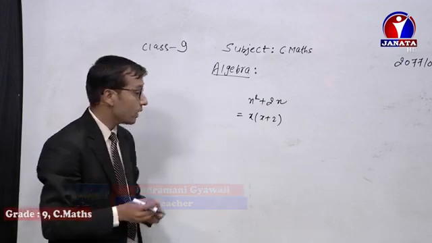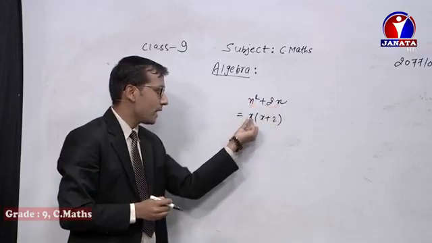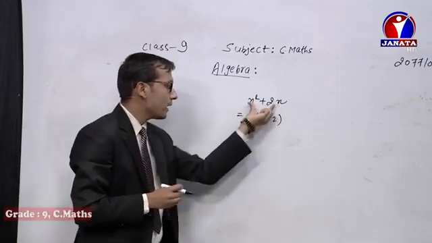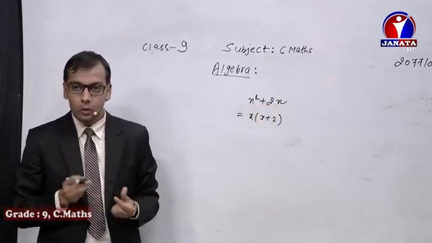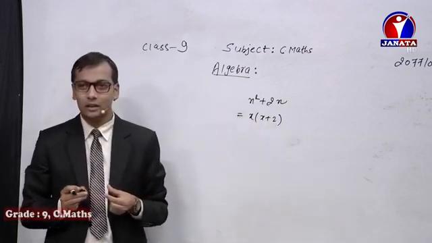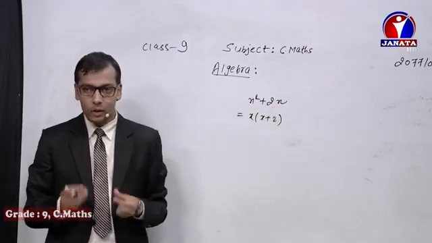The reason is, if we divide x squared plus 2x by x, there is no remainder. Or we can also divide this expression by x plus 2. And when we multiply these two factors, we obtain the original expression x squared plus 2x.